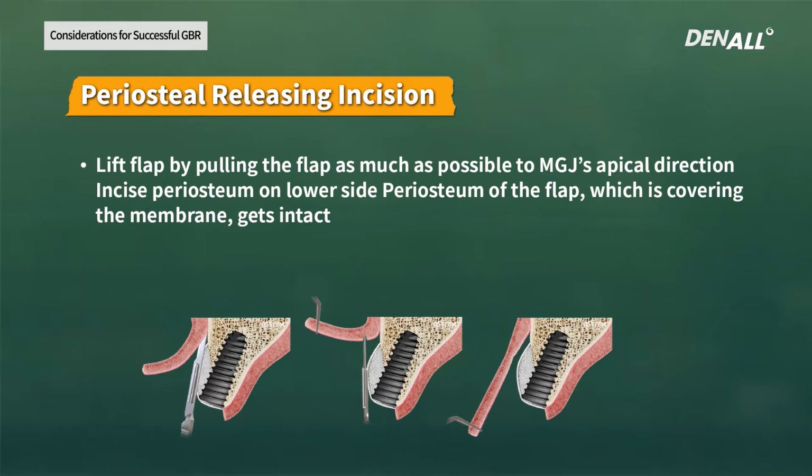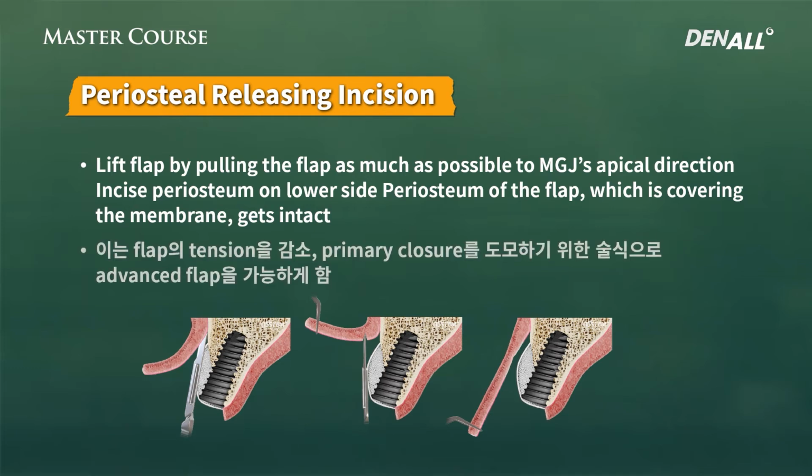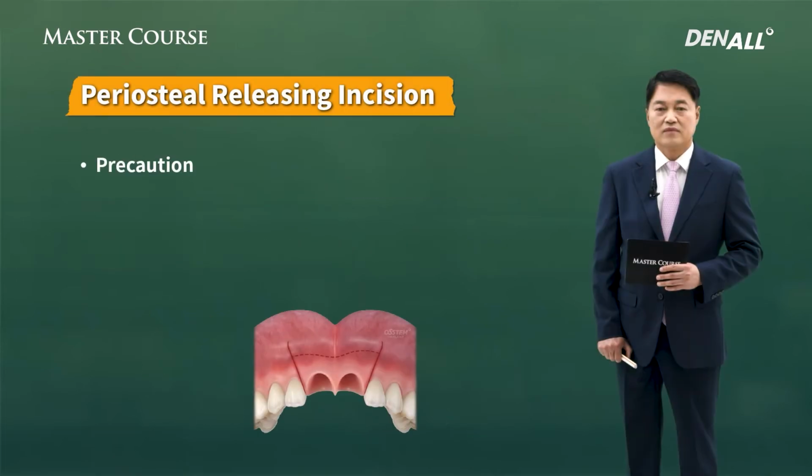By pulling the flap as close to the mucogingival junction's apical direction, lift the flap and periosteum of the flap which covers the membrane, pull it in tightly, and then make an incision on the periosteum. This allows for tension-free suture and allows advanced flap as well as primary closure.